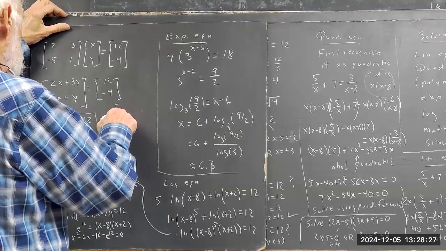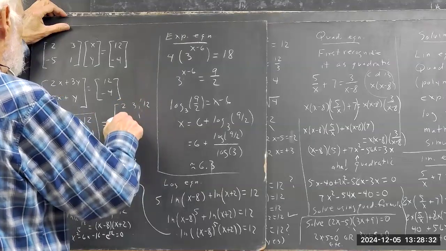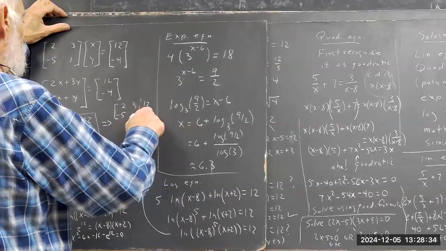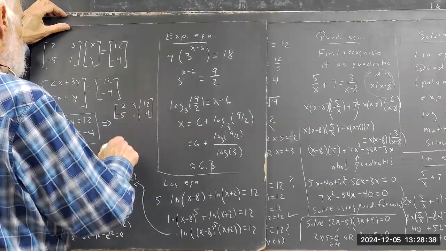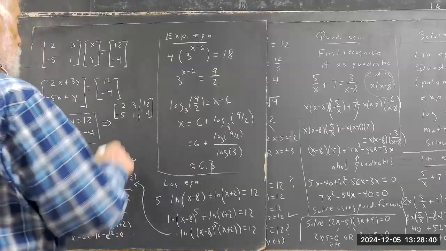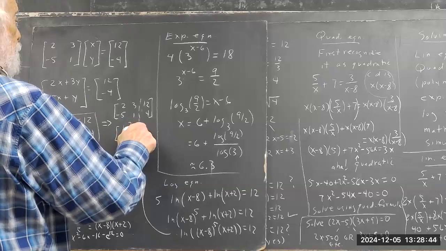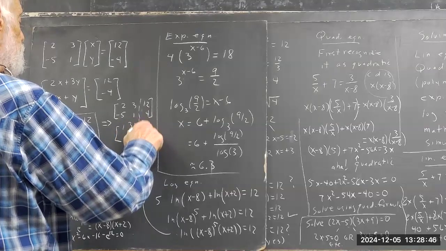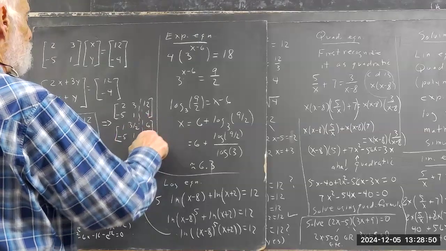This gives you the augmented matrix [2, 3, 12; negative 5, 1, 4]. You start by taking half of the first row, and you get 1, 3 halves, 6. You have negative 5, 1, 4.